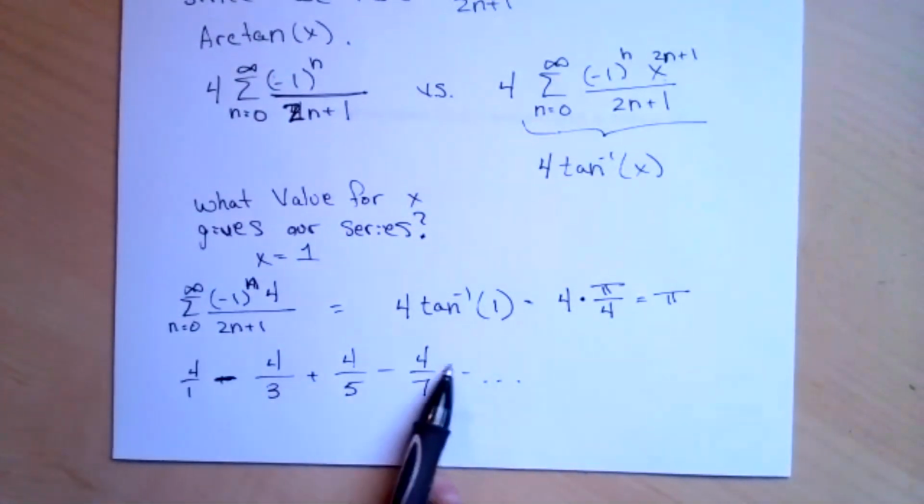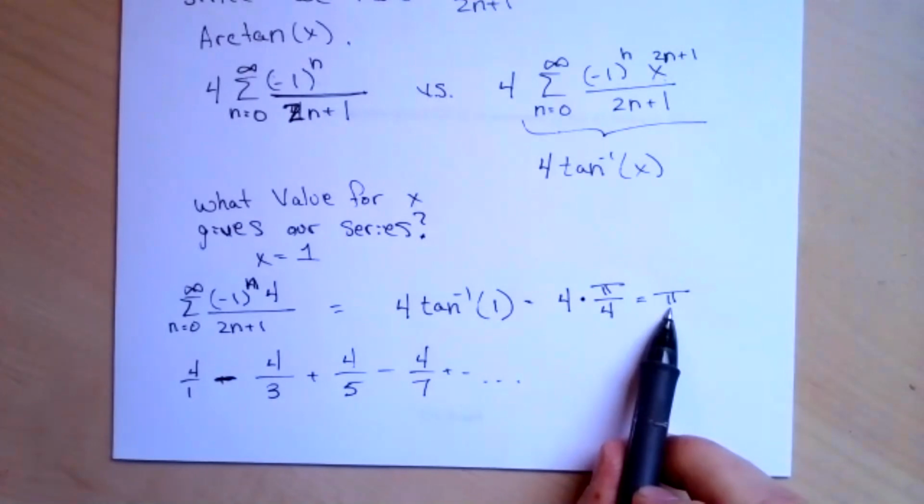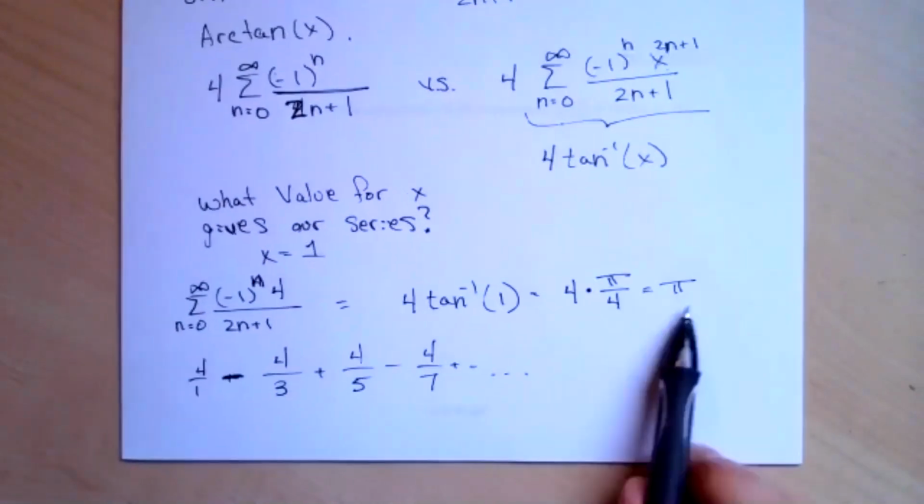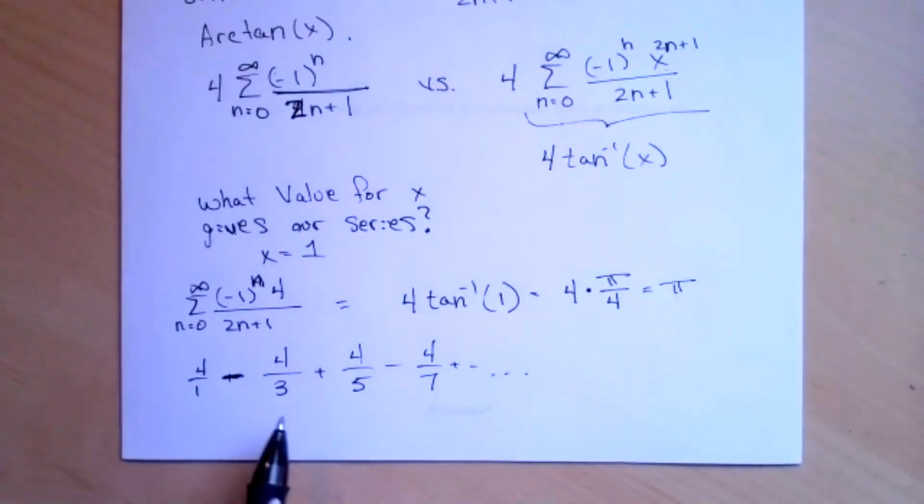Meaning I have a sequence of rational numbers that when I add and subtract and do this ad infinitum, it will ultimately compute the exact value of pi. So this is something that a computer can do. And if we wanted to compute pi to a certain degree of accuracy, we could compute a certain number of terms to get a very accurate representation.